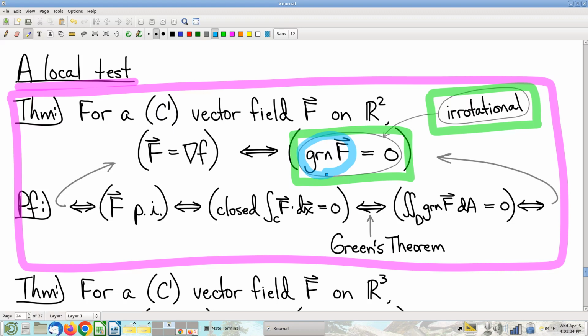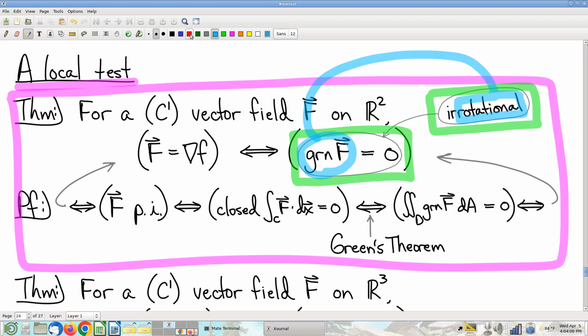That's telling you, locally in some sense, to what extent is the vector field representing a fluid that has a rotational aspect to it. If I have a body of water here, a little river or something, and the leaf is floating down, it's keeping track of the extent to which the leaf is turning as it rolls downstream. So Green's operator is specifically about the rotational aspect of the vector field.